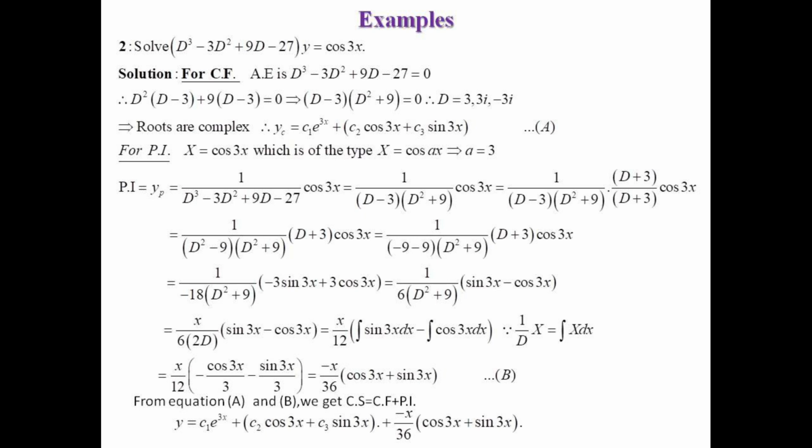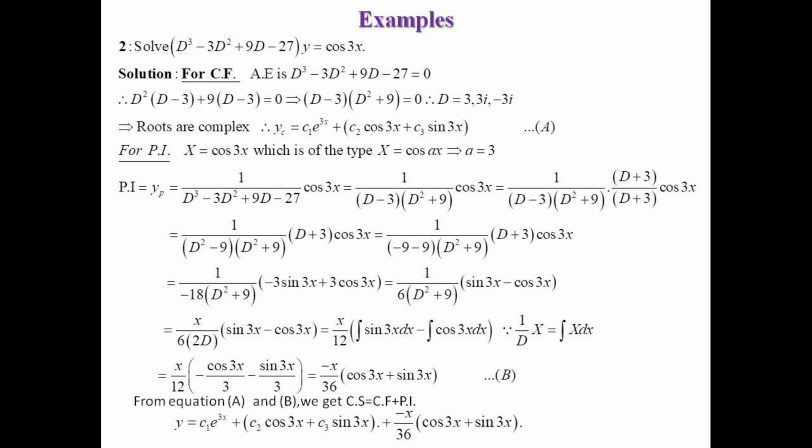So according to the standard formula for the complementary function for a complex root, the value of the complementary function is c1 e raised to 3x plus c2 cos of 3x plus c3 sine of 3x. This is called the complementary function, denoted by equation A.